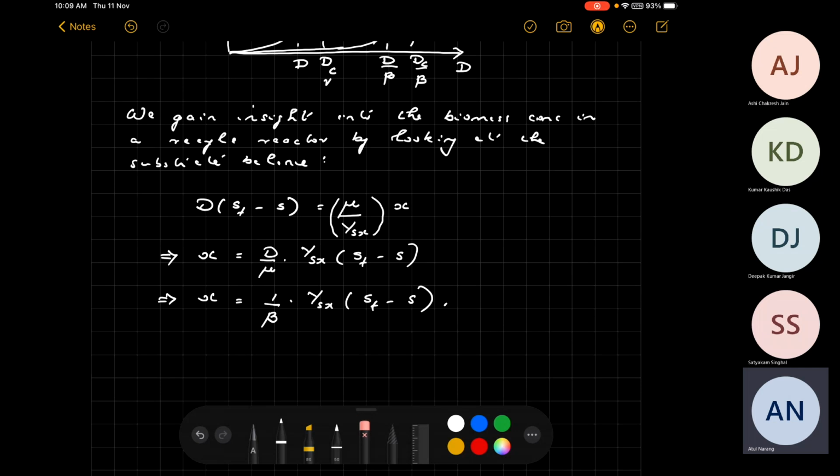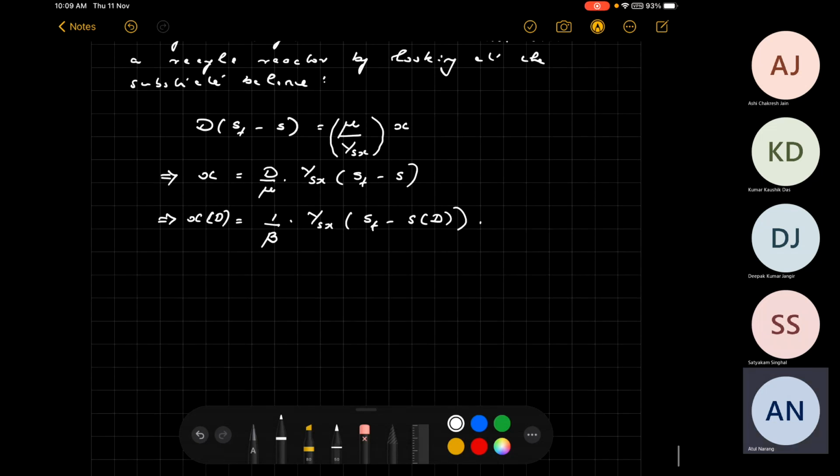Just to make things clear, I should say that this is X at D and this is S at D. Now I want to compare this to the function YSX times (SF minus S of the CSTR at D).